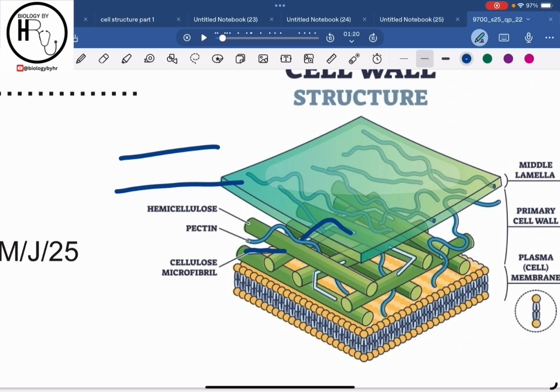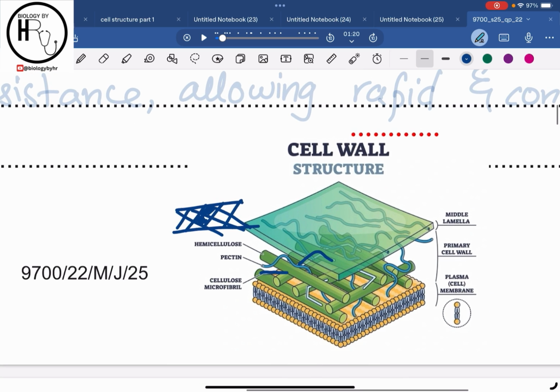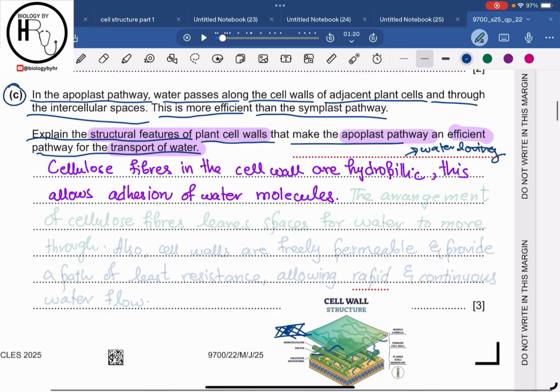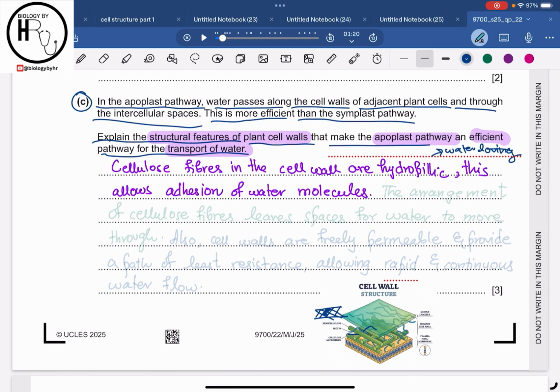For example, if this is a cell wall and this is the arrangement of the cellulose fiber, it is leaving some pores between them. So these pores will act as the channel for the free water flow between the cells, and we can write it over here as the arrangement of the cellulose fibers leaves the spaces for the water to move through, right? So this offers a path of least resistance for them to move.